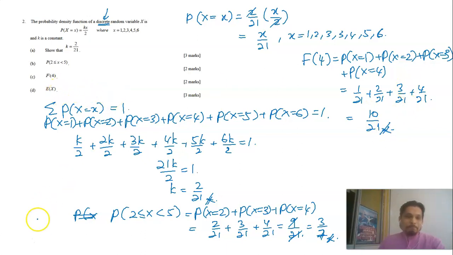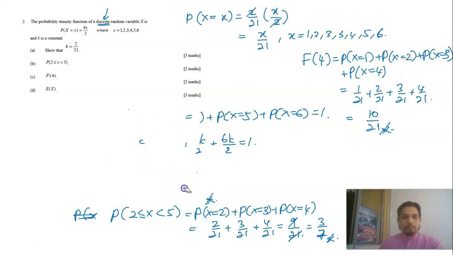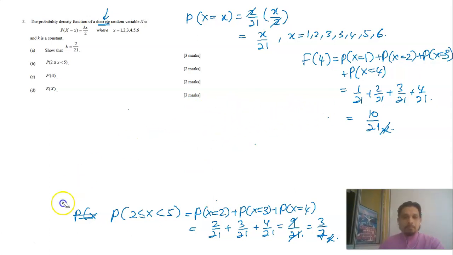And then EX. So I'm going to clear this. EX, expected value, is a summation of x multiplied with every single probability here.